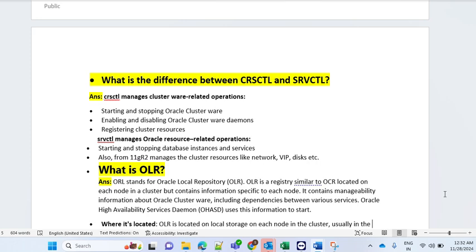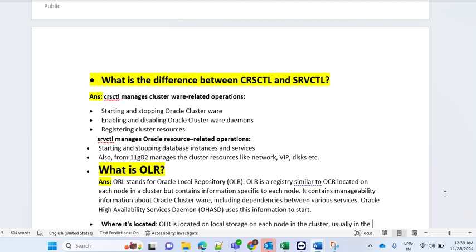What is OLR? OLR stands for Oracle Local Registry. OLR is a registry similar to the OCR, for Oracle Clusterware. OLR is located on each node in a cluster and contains information specific to each node. It contains manageability information about Oracle Clusterware, including dependencies between various services.